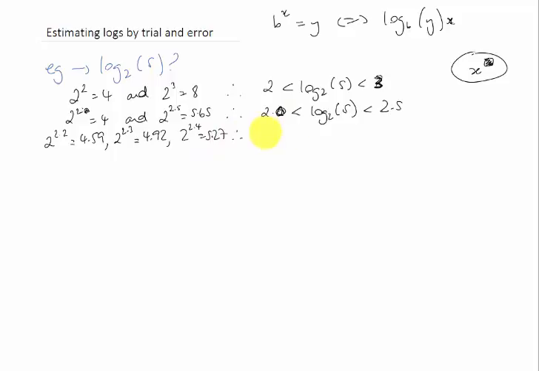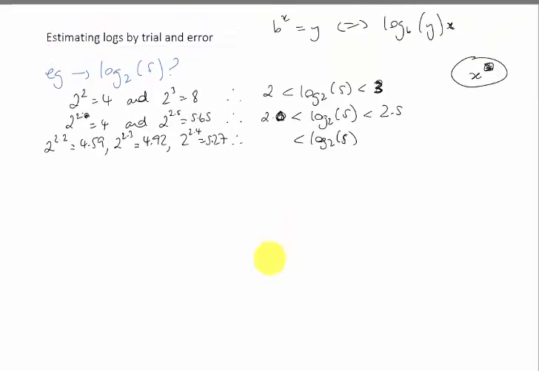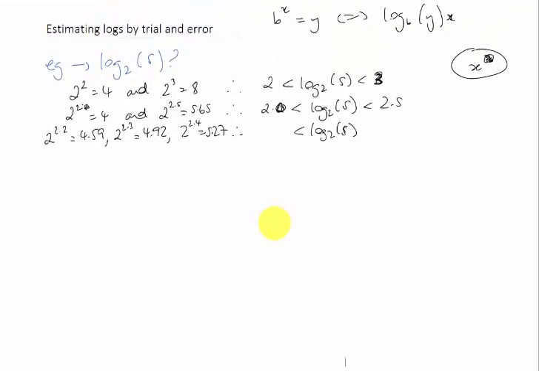So therefore, the log in base 2 of 5 is in between this and this. So 5 is in between 4.92 and 5.27. So that implies that the logarithm in base 2 of 5 is in between 2.3 and 2.4.